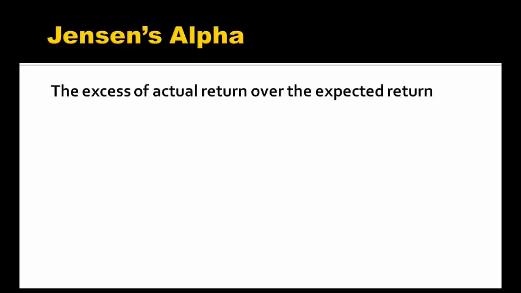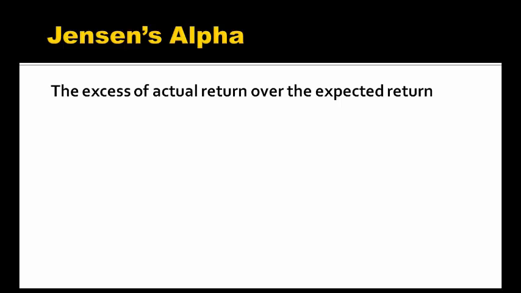Now we discuss the Jensen alpha. How to calculate the performance of the mutual fund as per the Jensen alpha? The excess of actual return over the expected return. It means actual return of the investment minus expected return.